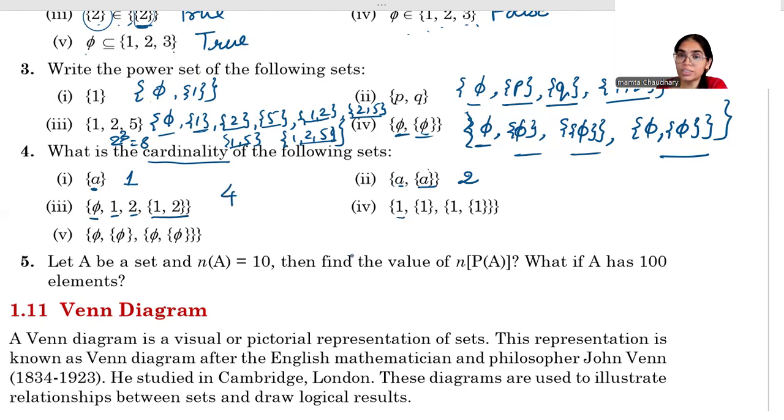Here 1, 2 and 3. So there are 3 elements. Now here 1, 2, 3. Here also 3 elements. So the cardinalities will be 2, 4, 3, 3. What is cardinality? Cardinality means the number of distinct elements.